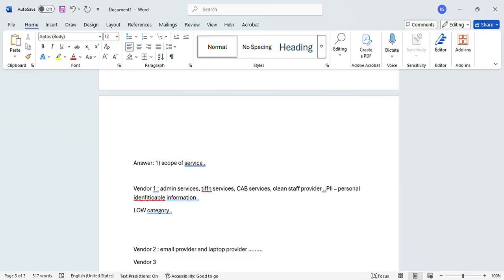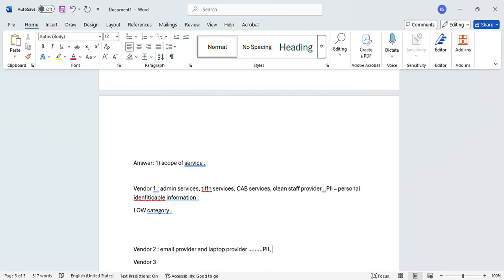If there is an email provider, that means all the encryption and email protection would be taken care of by the vendor too, and they are providing the laptop also. So all the basic configurations would be handled by the laptop provider vendor.